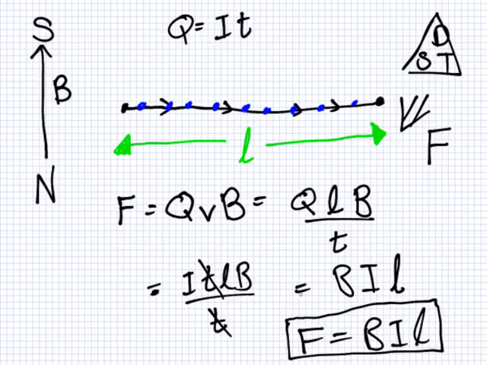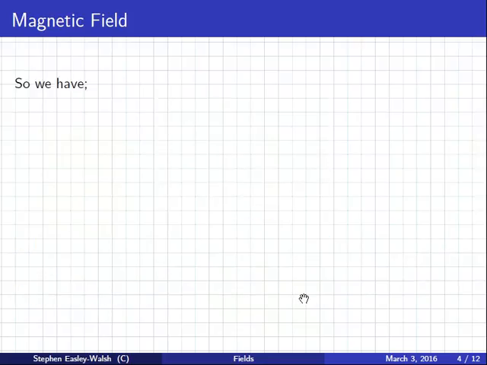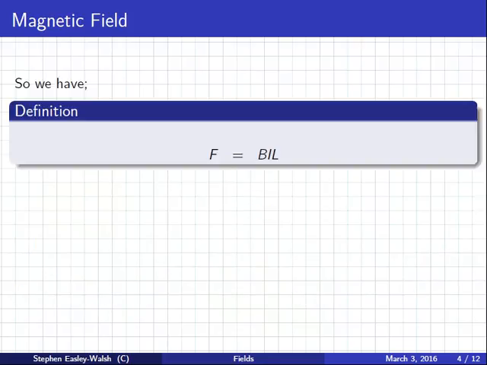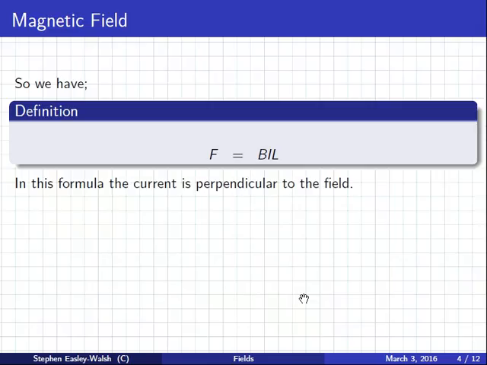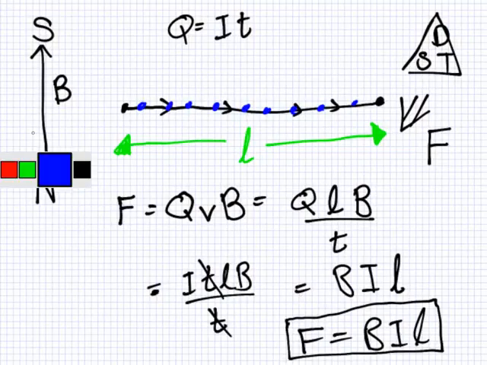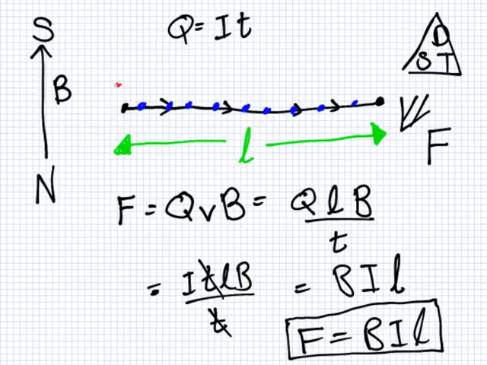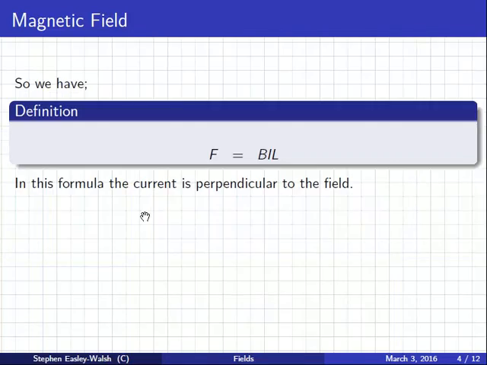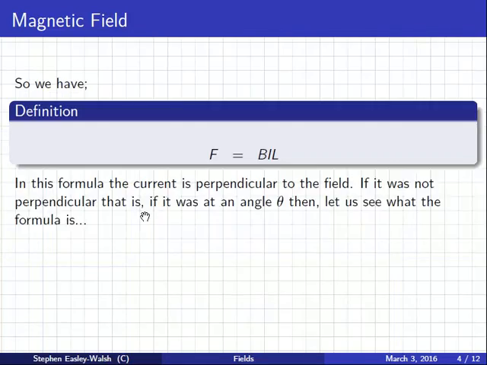Okay, we're good? So let's go back here. We have F equals BIL, we just said. In this formula, the current is perpendicular to the field. So it's important to remember that these two, the field and the current, are at 90 degrees. If it was not perpendicular, that is, if it was at an angle theta, let's see what the formula is.